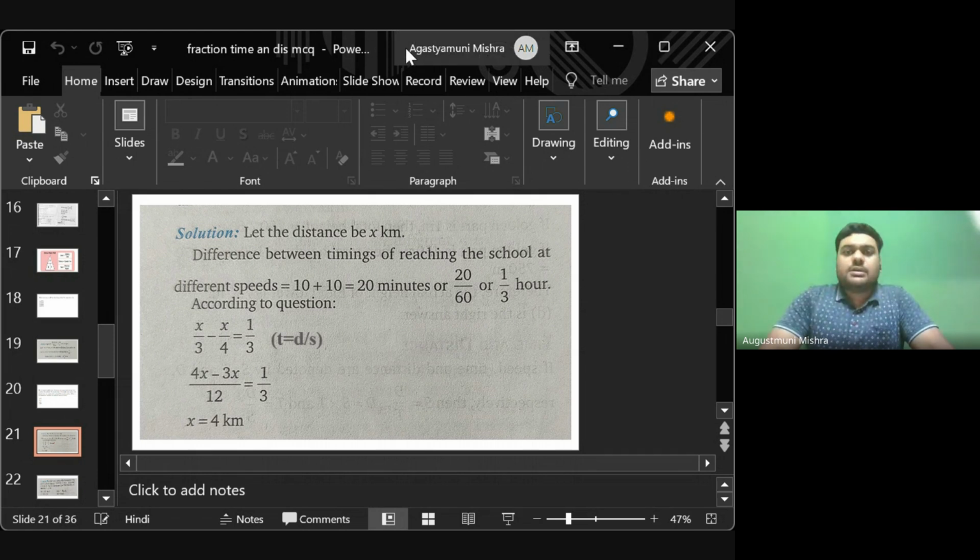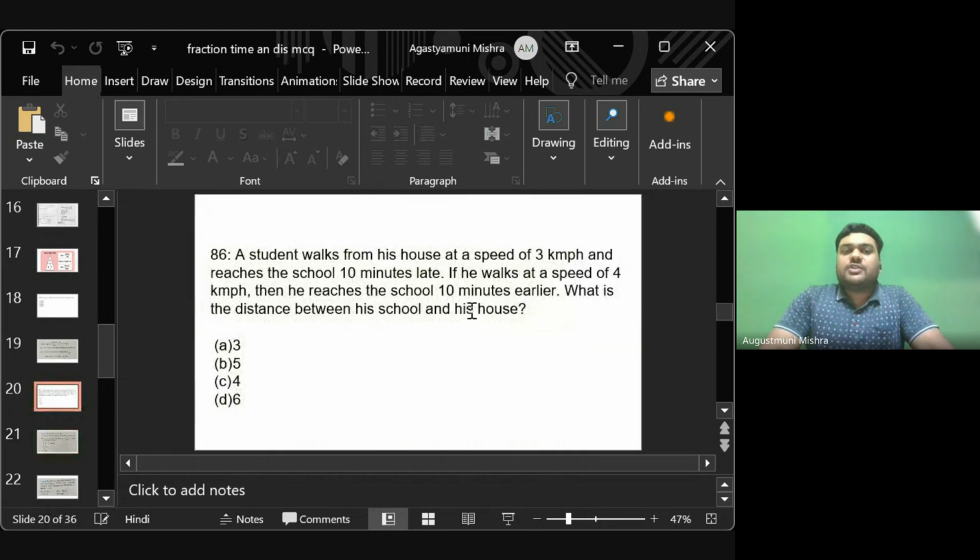One of the participants said, please explain. Okay, ma'am. When you read the question, it is a comparison of two situations. When the speed is 3 kilometer per hour, he will get 10 minutes late. In the other situation, when the speed is 4 kilometer per hour, he will get 10 minutes earlier.